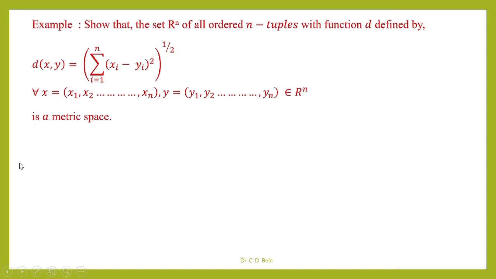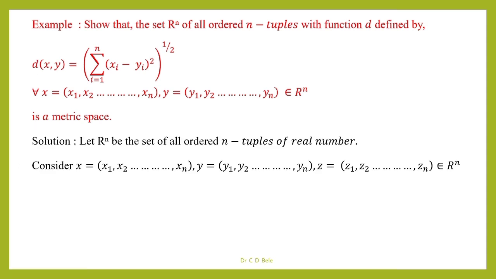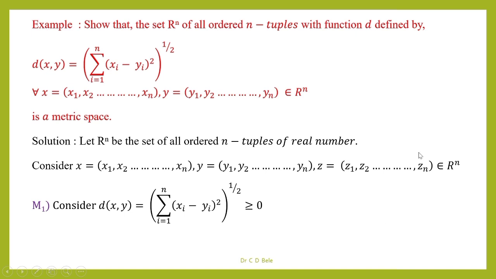So solution, consider any three elements x, y, z belonging to R raised to n. Then consider d of x, y. By definition of d of x, y, substitute the value.